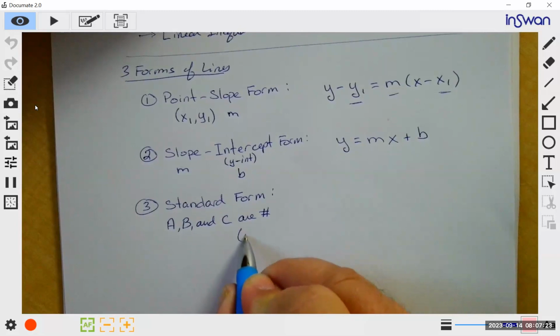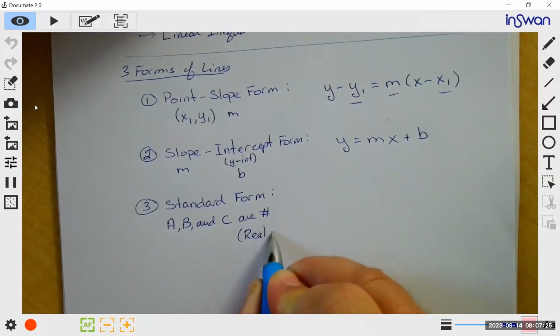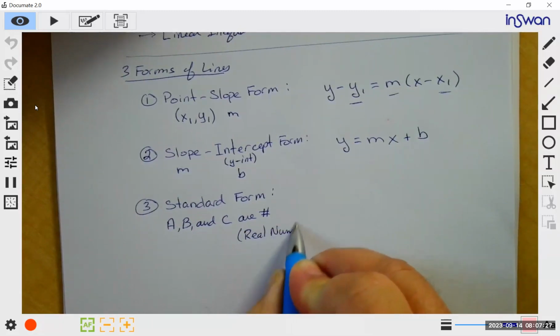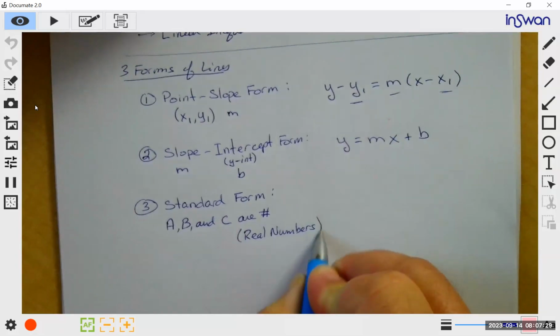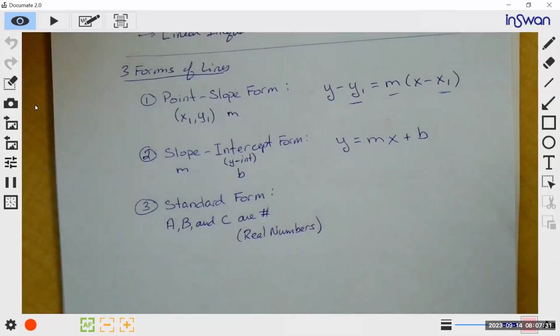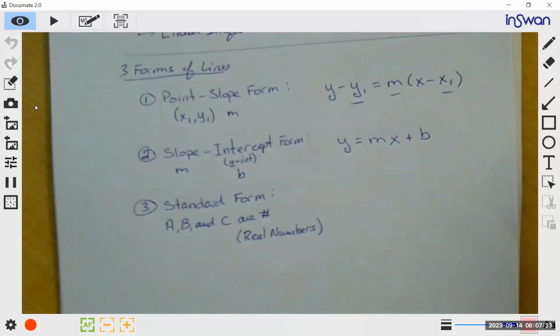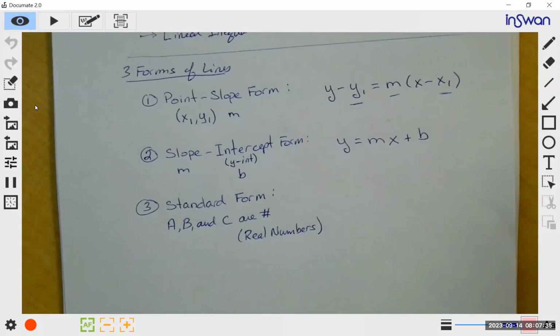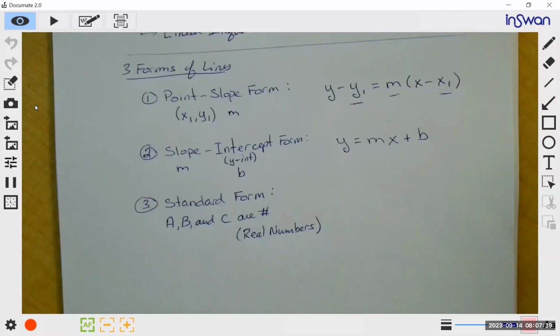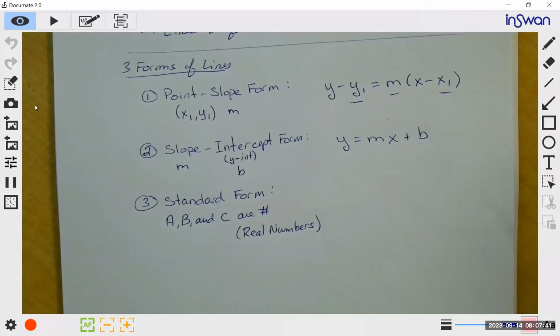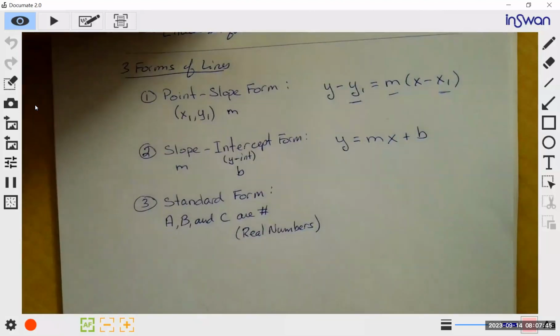When we say real numbers, we mean real numbers. What do I mean by real numbers? Okay, we'll do that next. Because there are two types of numbers, imaginary and real. So we'll go over that in a second.